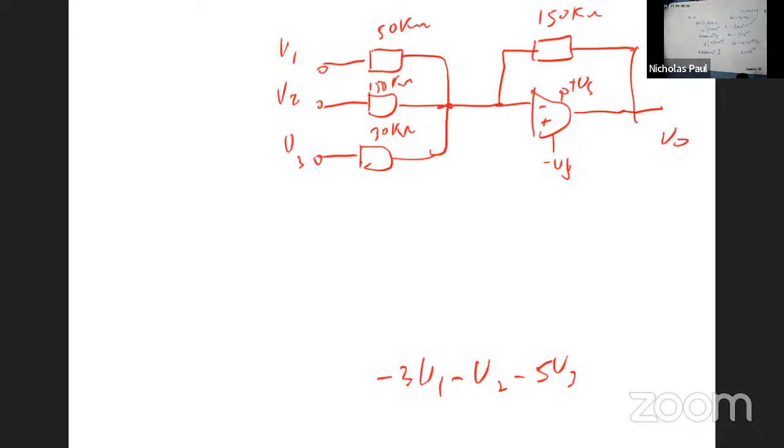If we have a soft copy, we can do the graph together. All right, let me see what I have. It normally has a graph page there, so we can do it together.